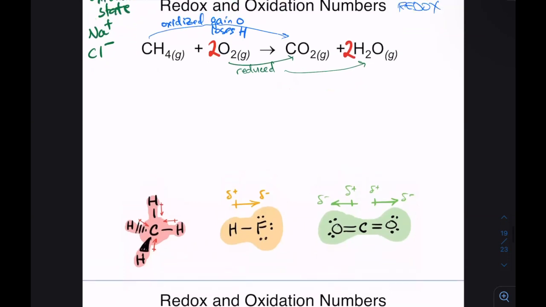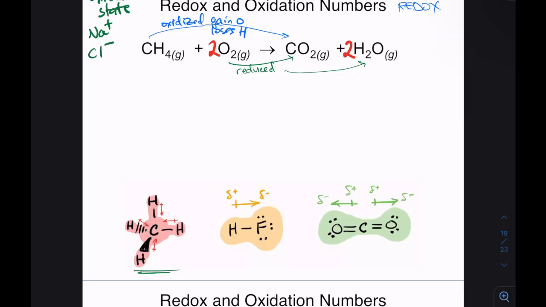So let's take a look at what's happening here with the carbon. Let's take a look down here at the lower left, all right? The carbon in methane. Carbon, it turns out, is more electronegative than hydrogen is. So if I were to draw the dipole moments, I can see the eyes rolling in the back of your head right now. The dipole moments on these bonds, right? The delta negative is towards the carbon.